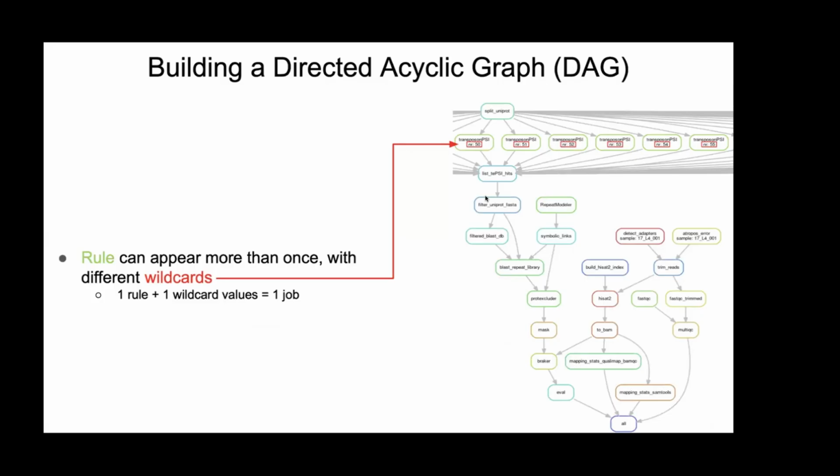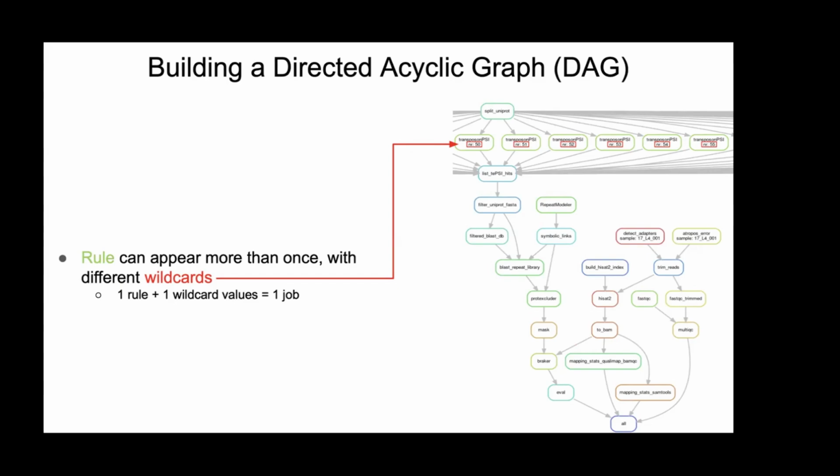Good. From the directed acyclic graph perspective, when you have wildcards, you are now flexible to have your string matching more than one file, or your wildcard having more than one potential value. That means that you will be spawning as many jobs for that rule as there are wildcard values.